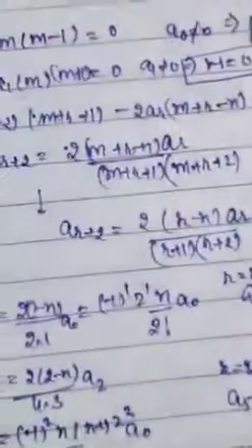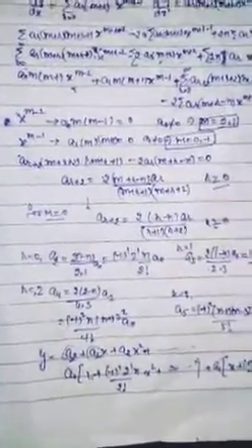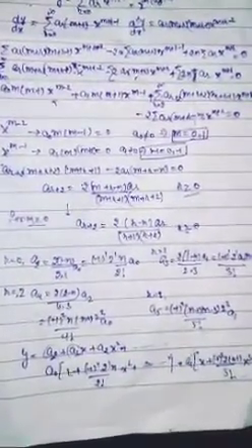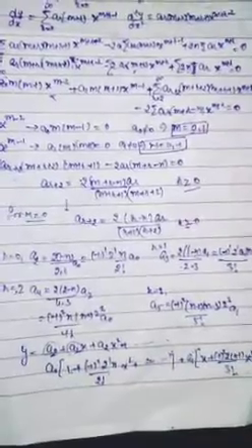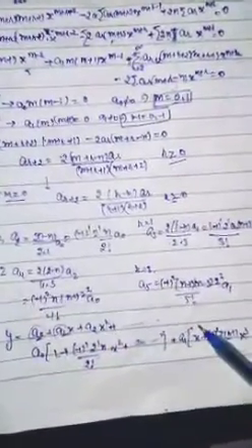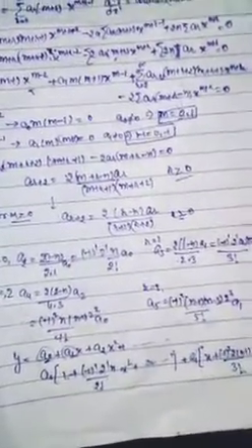So we get from here two different solutions: one containing even powers of x and the other containing odd powers of x.